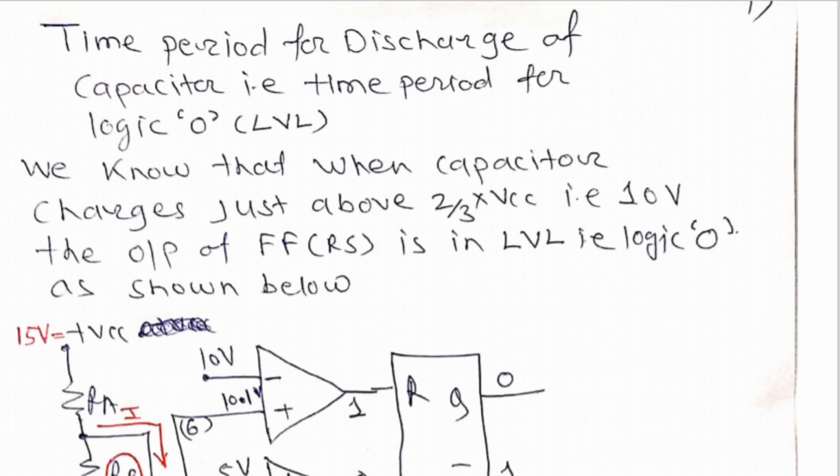So in short, we'll proceed for that. The title will be: time period for the discharge of capacitor, that is time period for logic 0 level, LVL, that is called low voltage level.